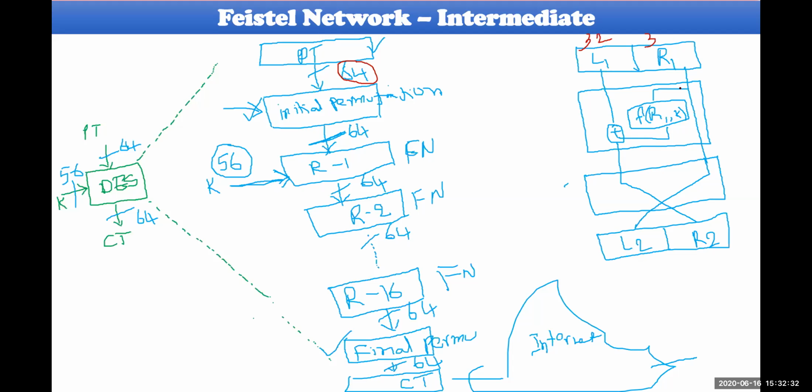So the size of this round function input will be 32 bits. And what is the size of your key? Key will be 56 bytes. Sorry, 56 bits. So here the round function can be worked out with only 32 bits, because the size of this one is 32 bits, and the size of the output will also be 32 bits.